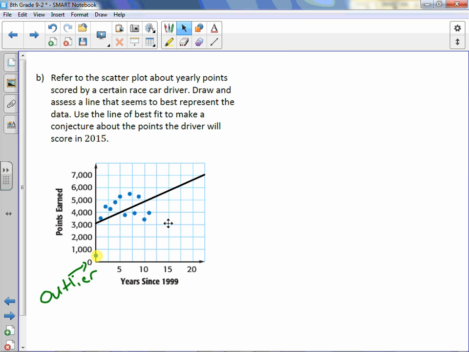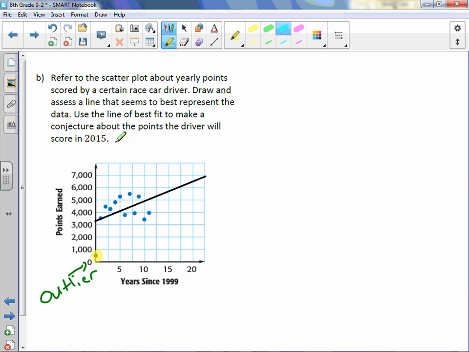That looks pretty good. It doesn't have to go through any points, but it can. Readjust a little bit. There we go. We have a lot of the points above, but we do have just about the same amount underneath, maybe off by a couple. So there's our line of best fit.